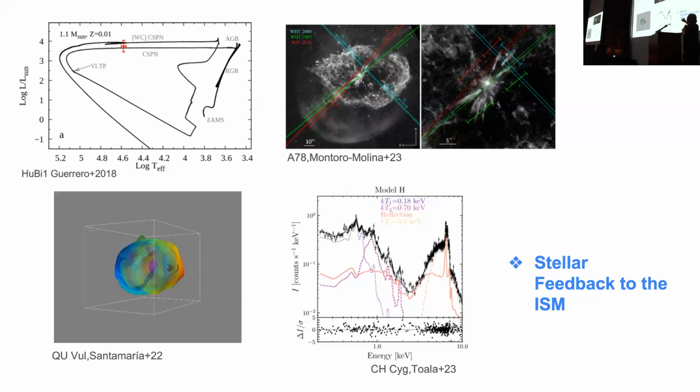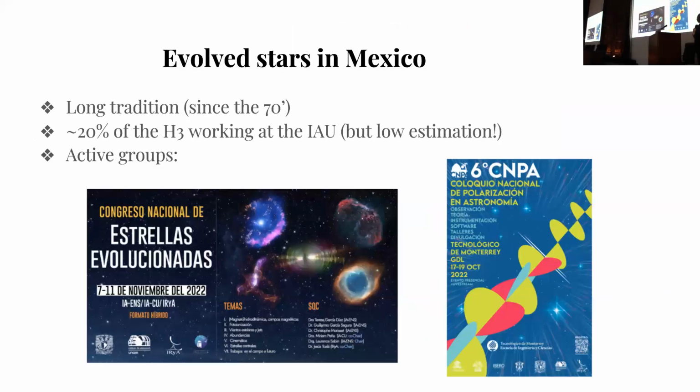The born-again objects, you can ask me about later on. For the symbiotics, something we can now do is fit the models that we use for AGN to those symbiotics. And the important thing is the stellar feedback, all the processed material that they give up to the interstellar medium.